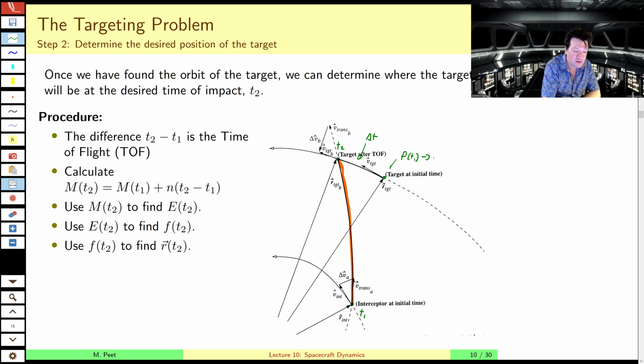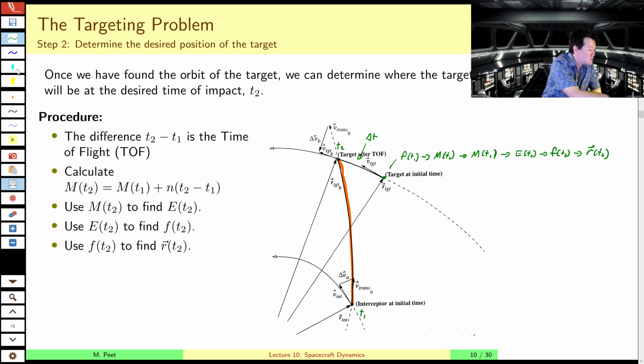We determine our mean anomaly at that point. We use that with the mean motion of the orbit to get the mean anomaly at the target destination. And we use the mean anomaly through Kepler's equation to find the eccentric anomaly at T2, and hence the true anomaly at T2, and hence the position vector at T2.